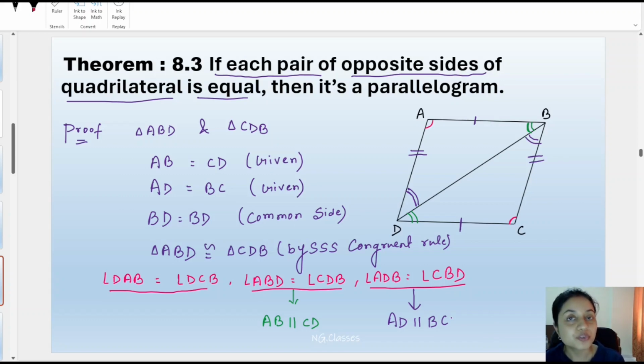We have also proved that opposite sides are parallel to each other, and we know this is the definition of a parallelogram. That means opposite sides must be parallel and equal to each other. Hence the quadrilateral ABCD will be a parallelogram.